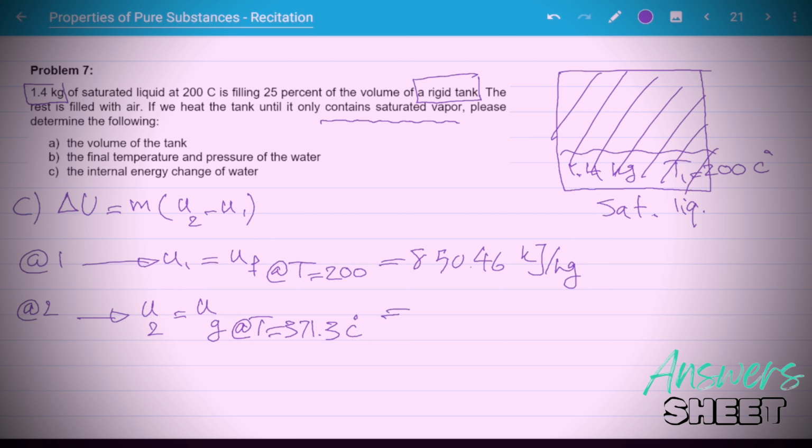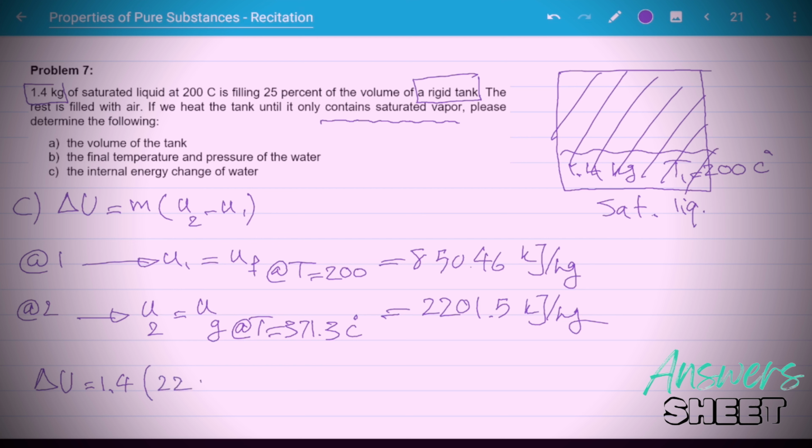We found it using the linear interpolation technique. We can use the same technique to find the internal energy. If you do that, you will find that u2 is 2,201.5 kilojoules per kilogram.